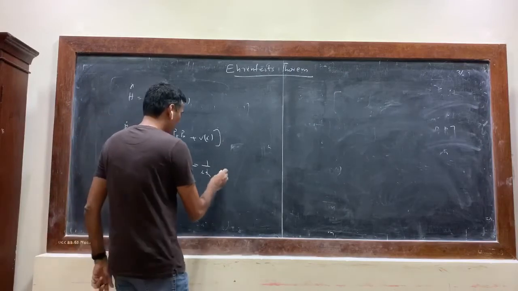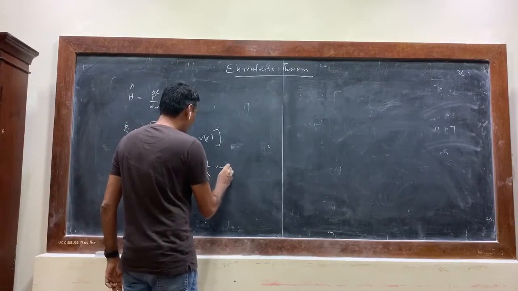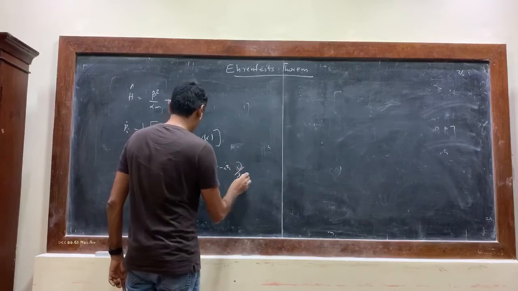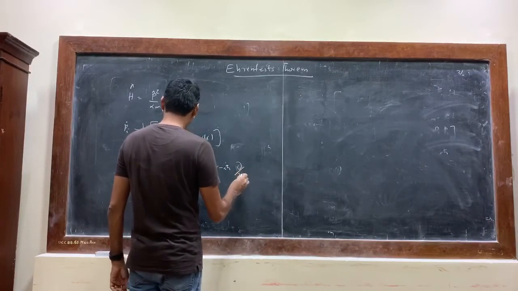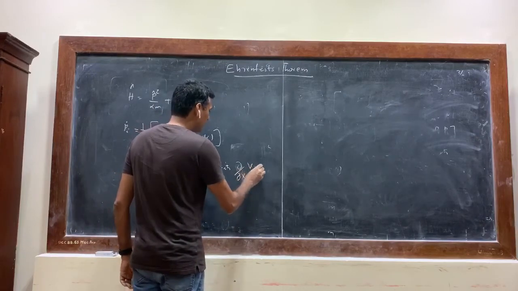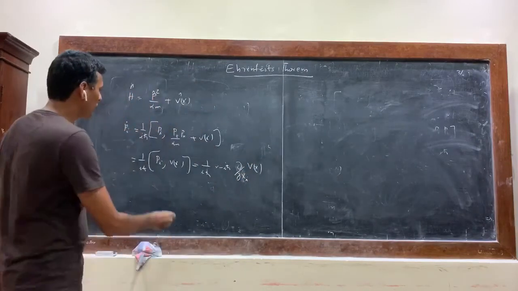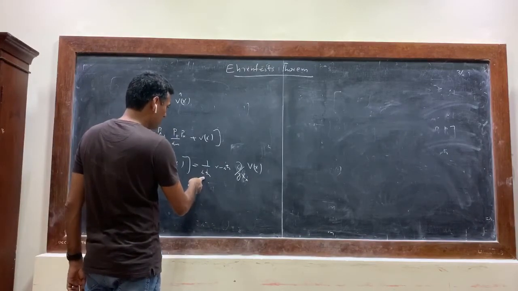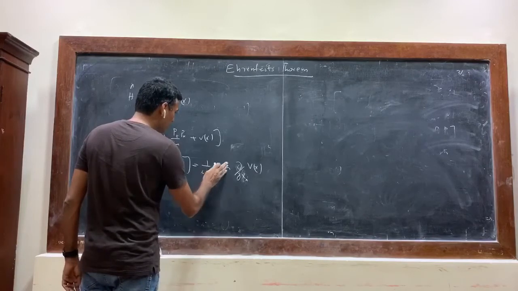The first term commutes with p_i, so that's 0, and it's just the commutator of p_i with V of x. That is equal to minus i h cut times del V by del x_i. The i h cut goes away, and you get a minus sign.